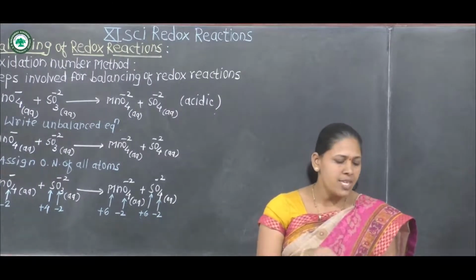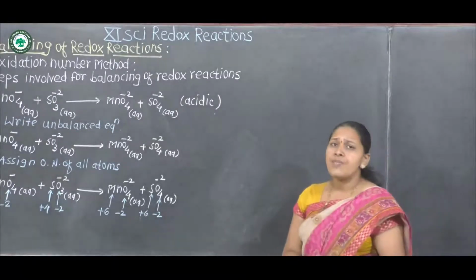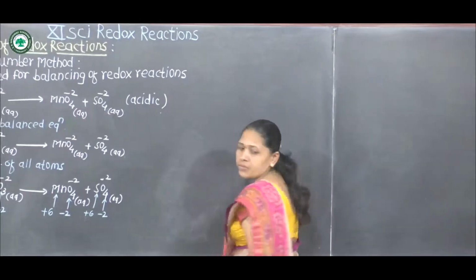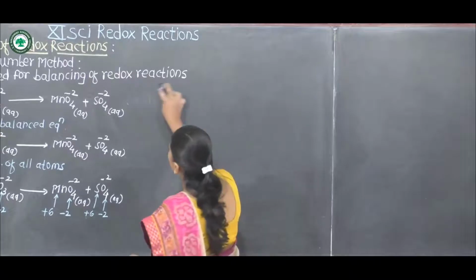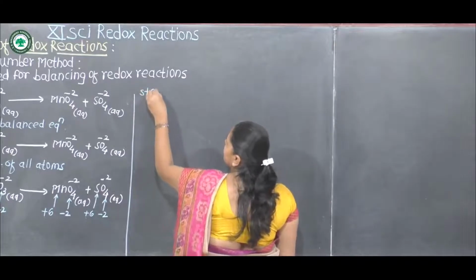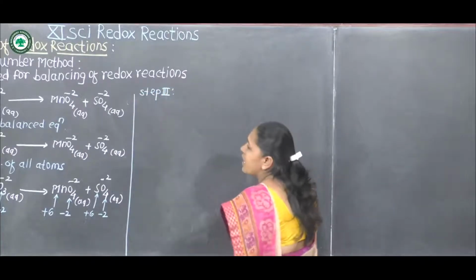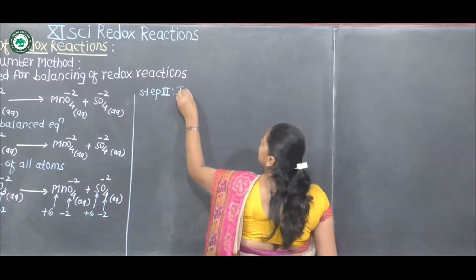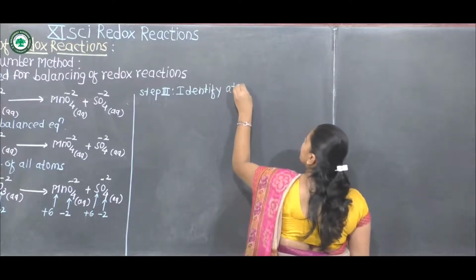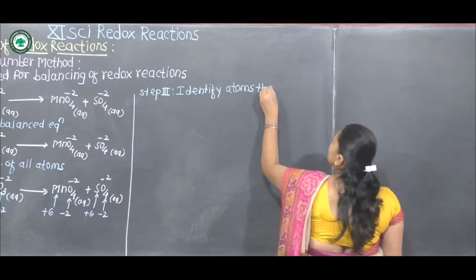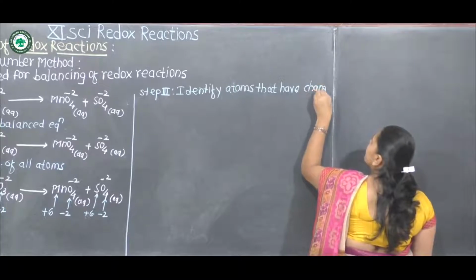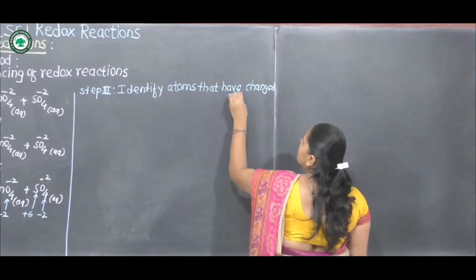Then the next step is identify atoms that have changed oxidation number. Step third. Identify atoms that have changed oxidation number.